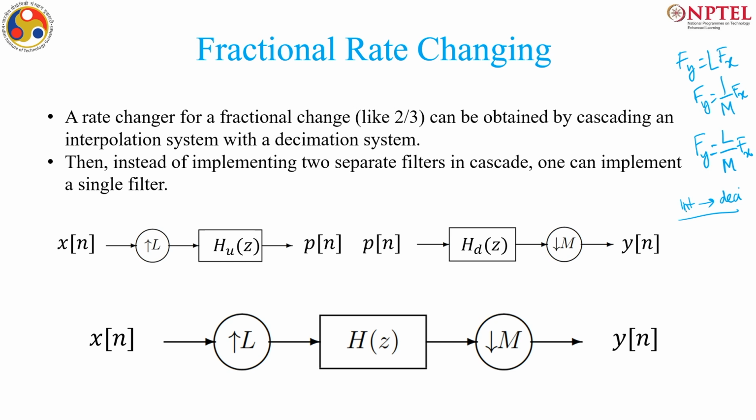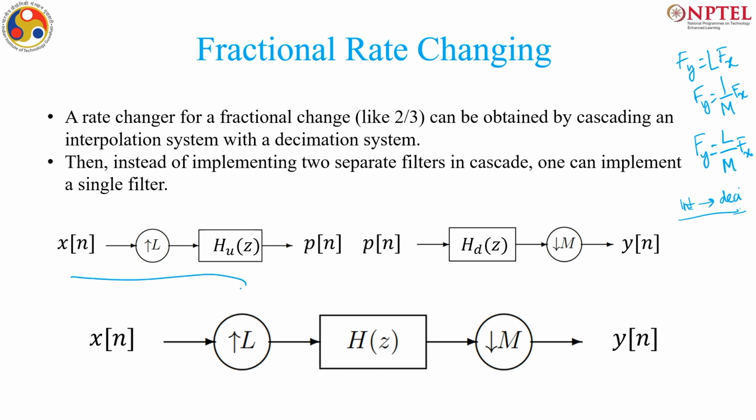Why? Because in interpolation you are adding some samples and then you are discarding, so information loss is less. But if you do the decimation first, you are at the beginning only discarding some samples and losing information and then doing the interpolation. And this can also be efficiently seen from the block diagrams.